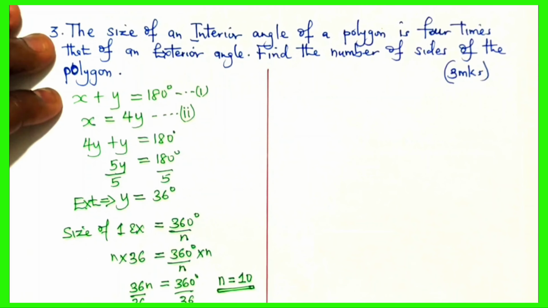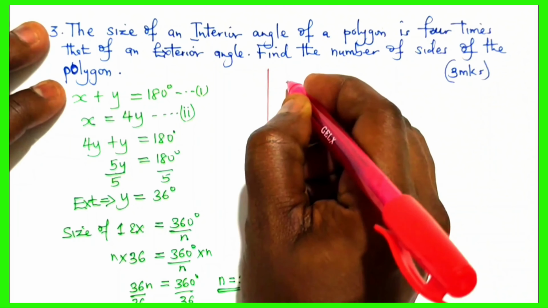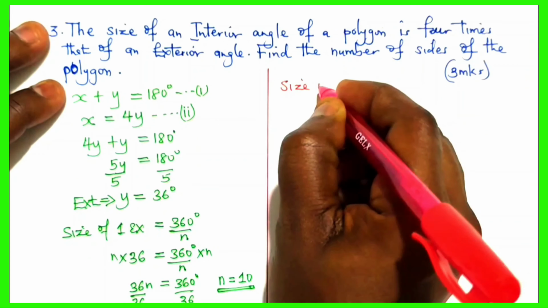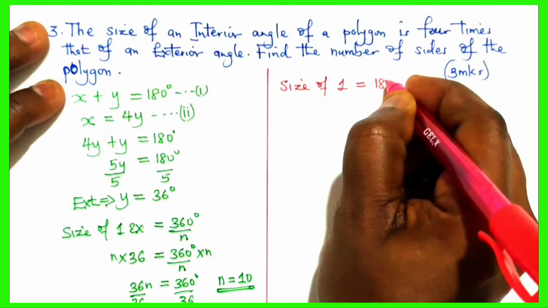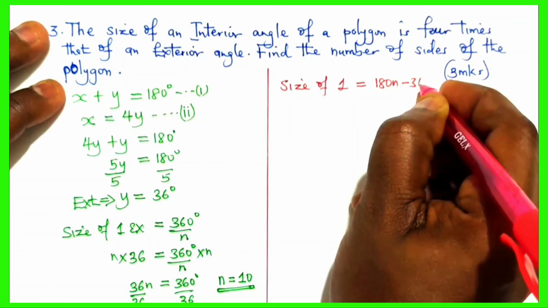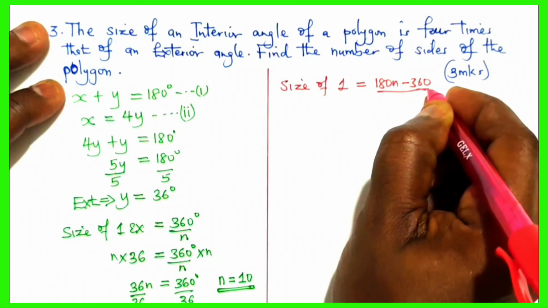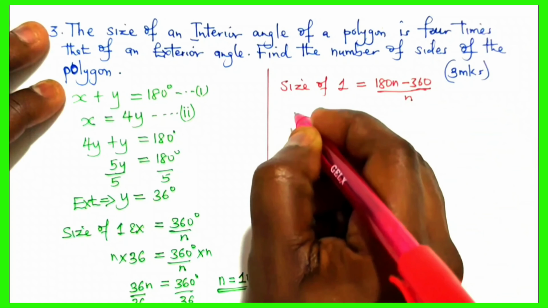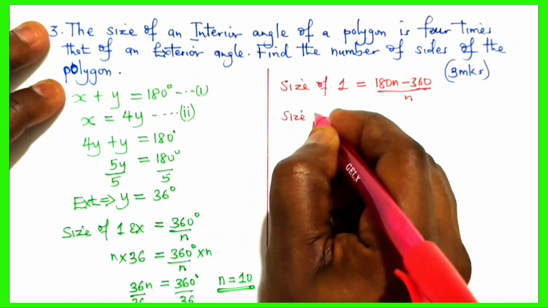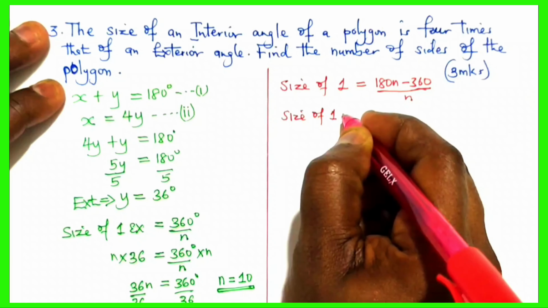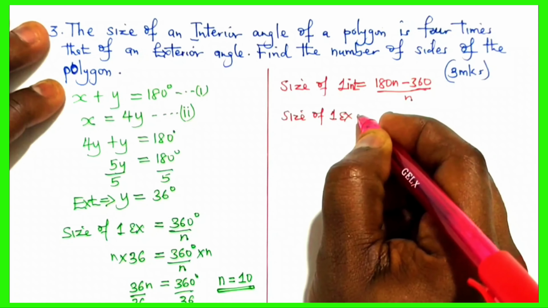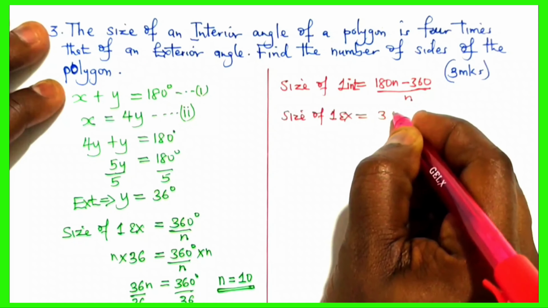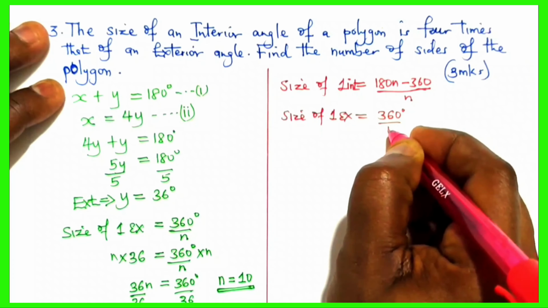Another way of solving this is by considering the laws. We know that the size of one interior angle will be equal to 180n minus 360 divided by n. And we know that the size of one exterior angle will be equal to 360 degrees over n.